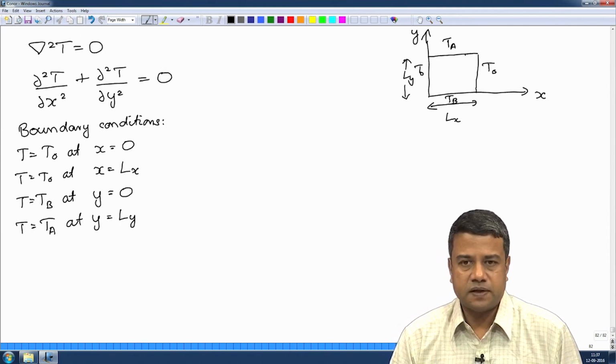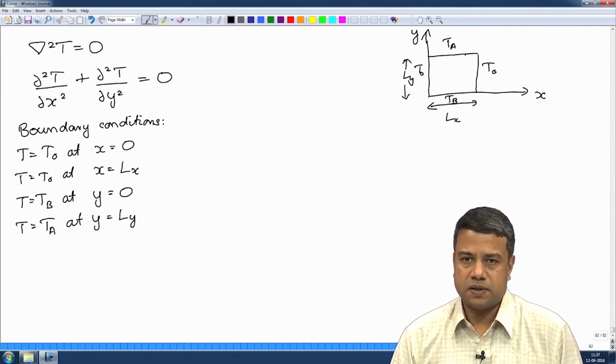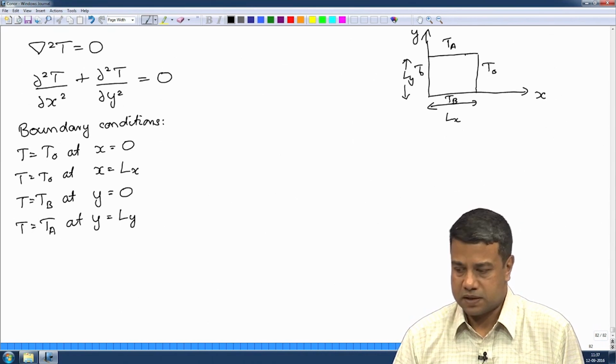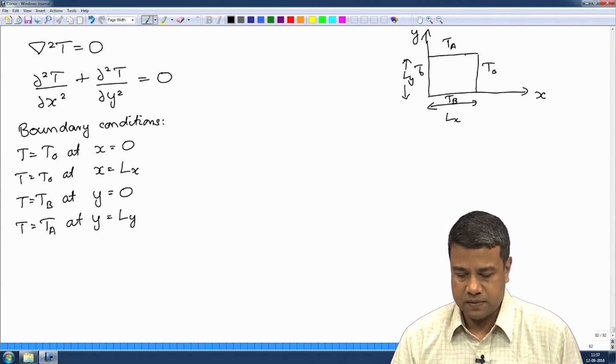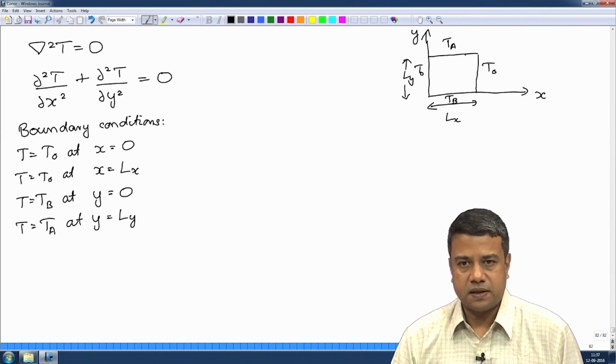And whenever you have differential equations of this kind, the natural procedure to use is the separation of variables procedure. However, as I had repeatedly emphasized when we were solving different separation of variables problems, it is necessary in a separation of variables procedure to ensure that there is homogeneous boundary condition in all directions except one.